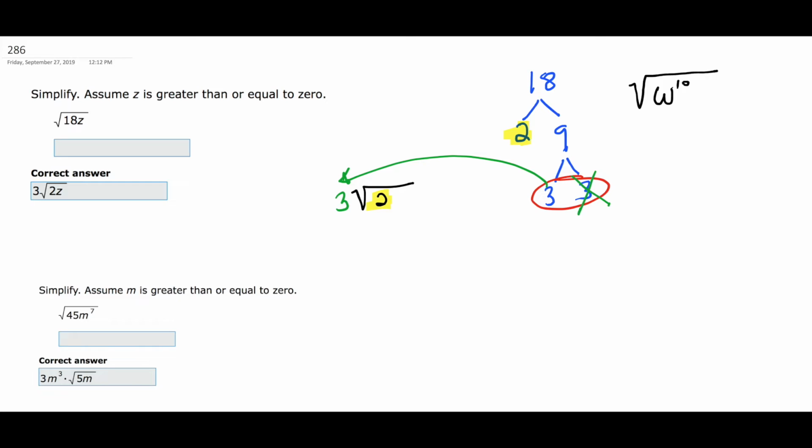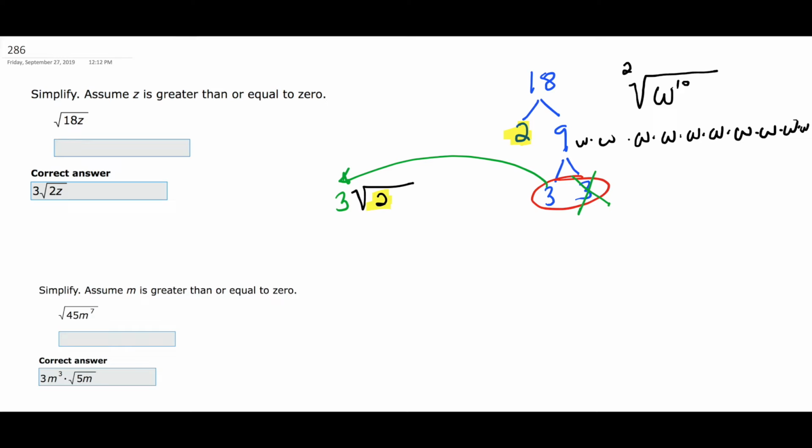It's implied. If you're doing cube roots, then it'll show you the 3 right there. So what this means is it's w times w times w times w times w times w times w times w times w. 1, 2, 3, 4, 5, 6, 7, 8, 9. Squeeze it in there. Times w.